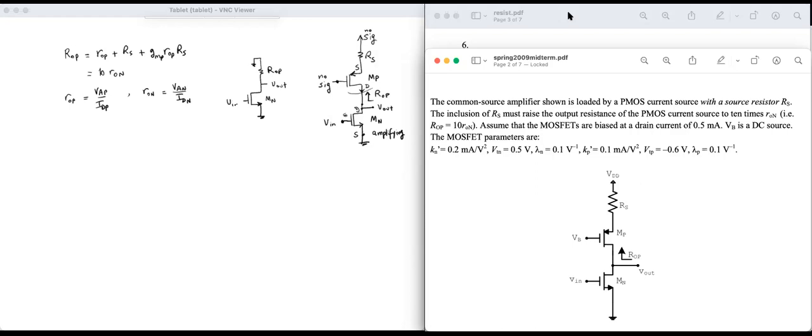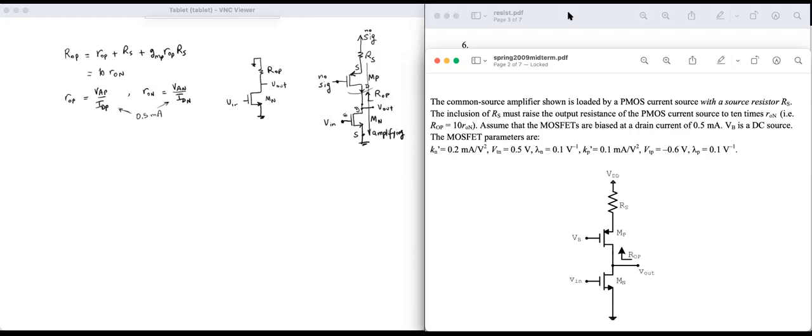Now IDN is equal to IDP. This is the only current that flows in the circuit here. This is the current flowing in MP and MN. It's the same current. IDN is equal to IDP is equal to 0.5 milliamp. That's in the given. So IDN and IDP are known. 0.5 milliamp.